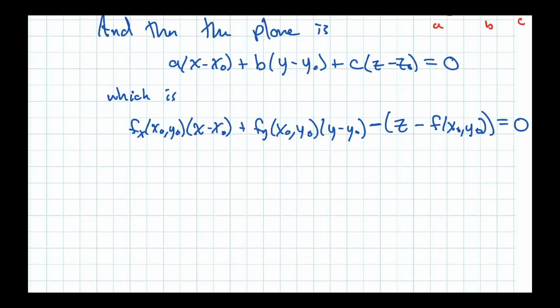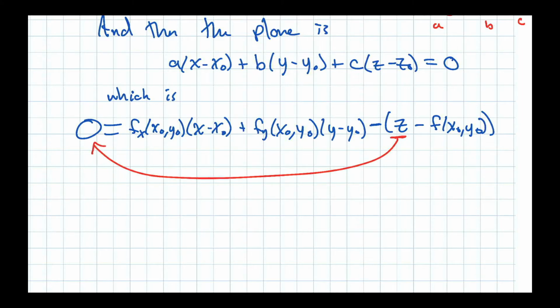Okay, so then what they do is they simply take the z here and move it to the other side. Actually, let me not do that. Let me erase this. Let me put this equal 0 on the other side. And we're going to take the z and it's going to go over there.